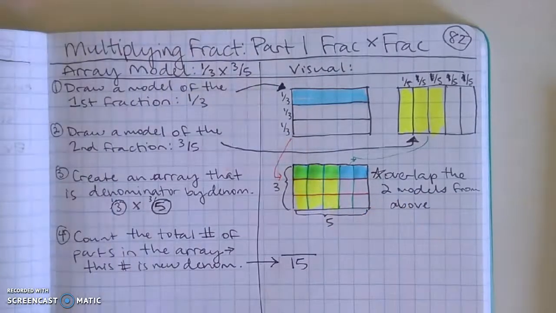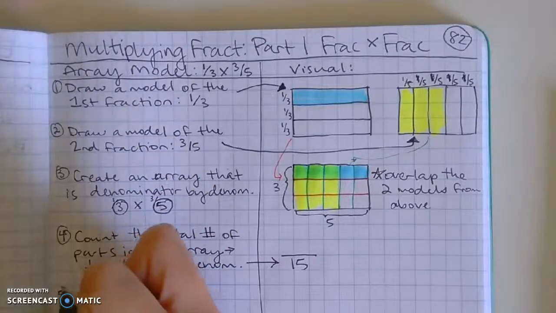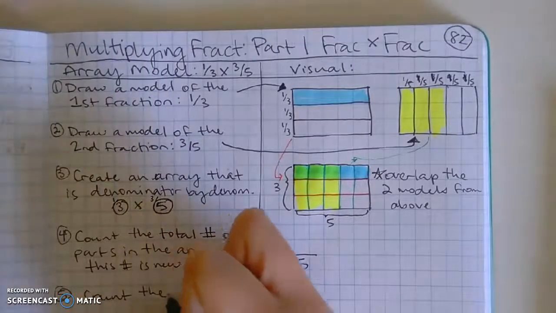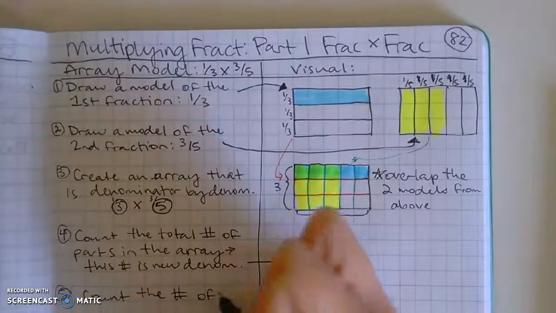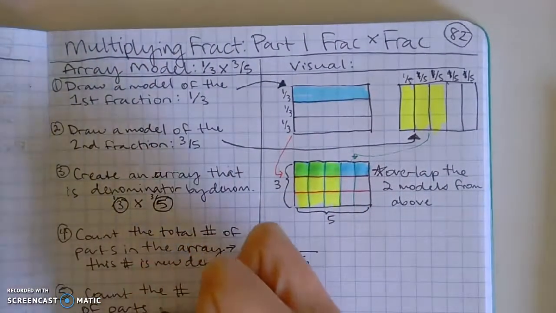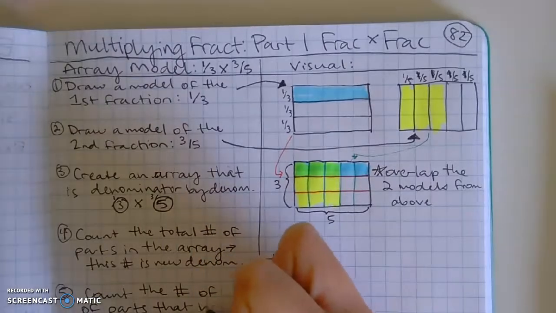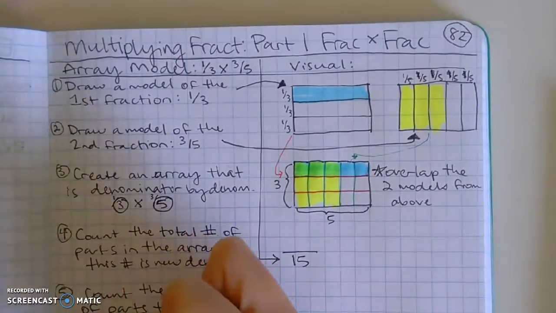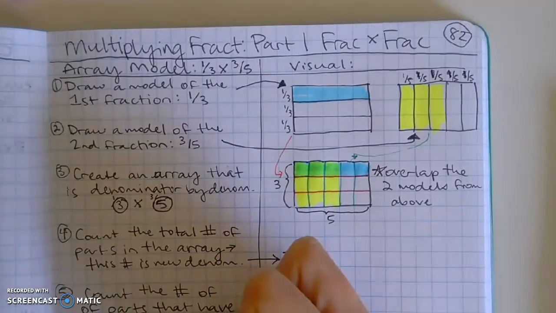Right there. Okay. And then 5, our last step here, you're going to count the number of parts that have overlapping highlighter.